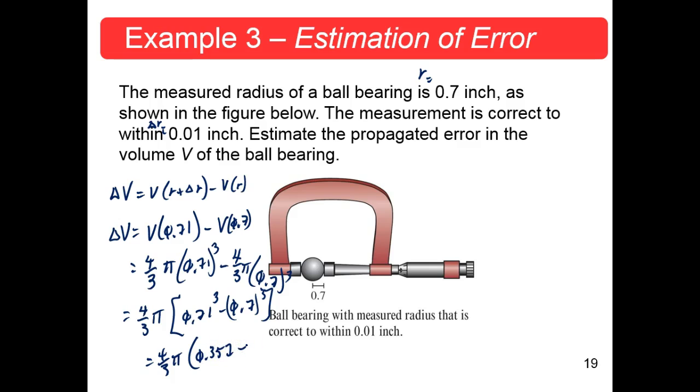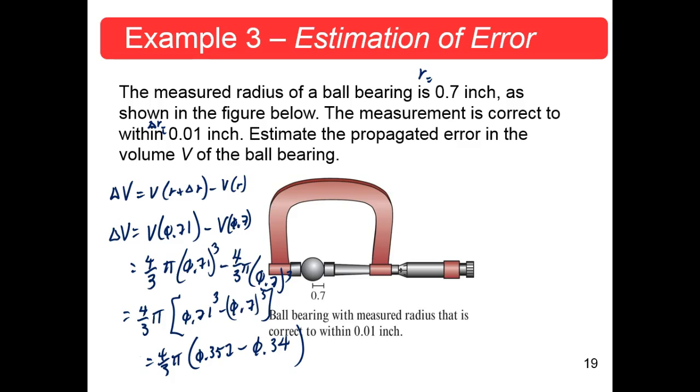Minus, and what's 0.7 cubed? If you got all those on there and take the difference of them with as many digits as you have, what does that become? It looks like something on the order of 0.017 or so.